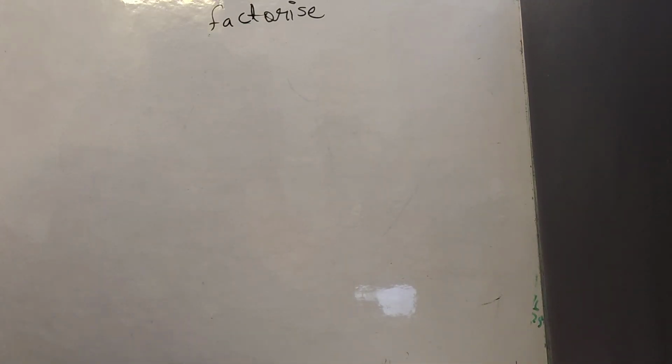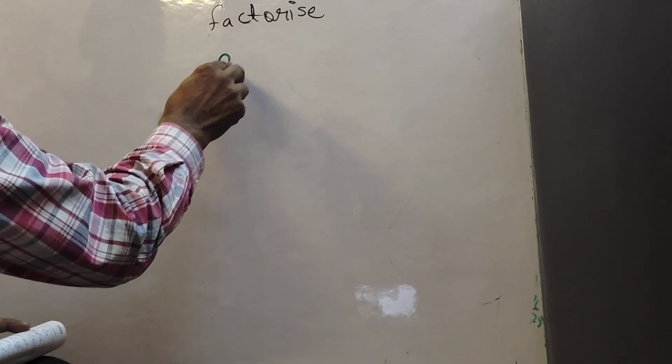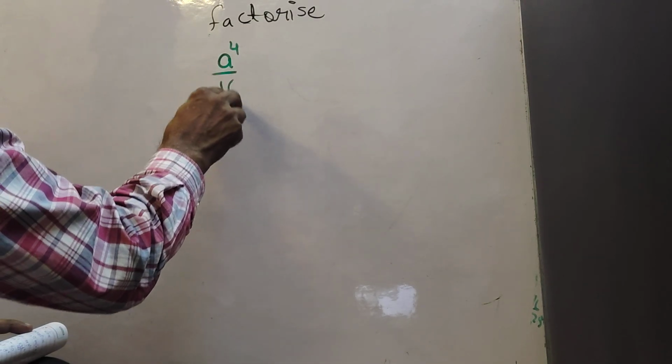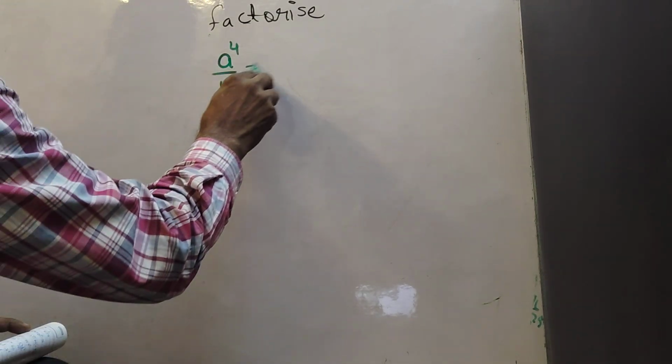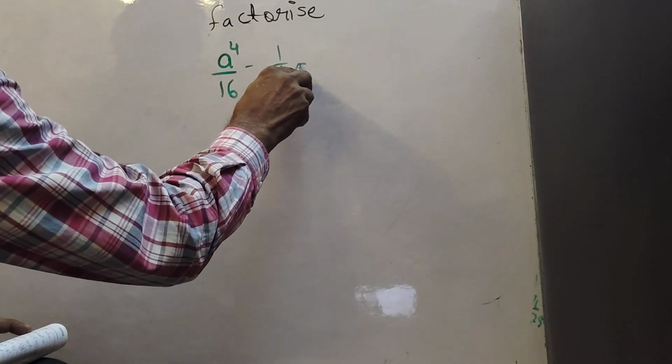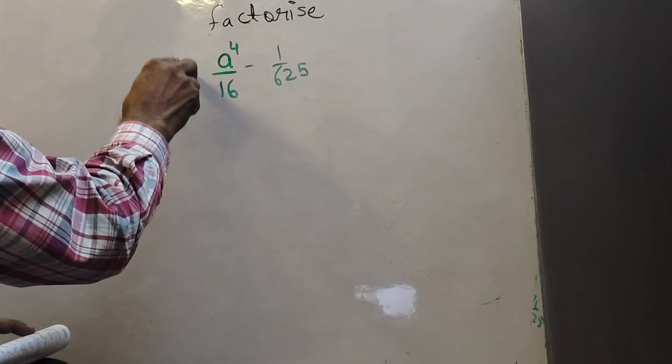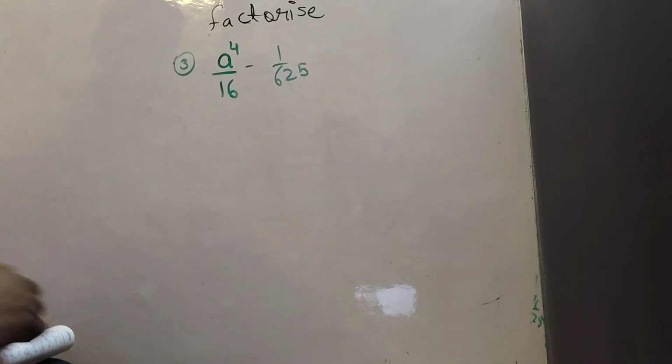So question number 3 now is a raised power 4 over 16 minus 1 over 625. I think the question has larger numbers, but never mind.